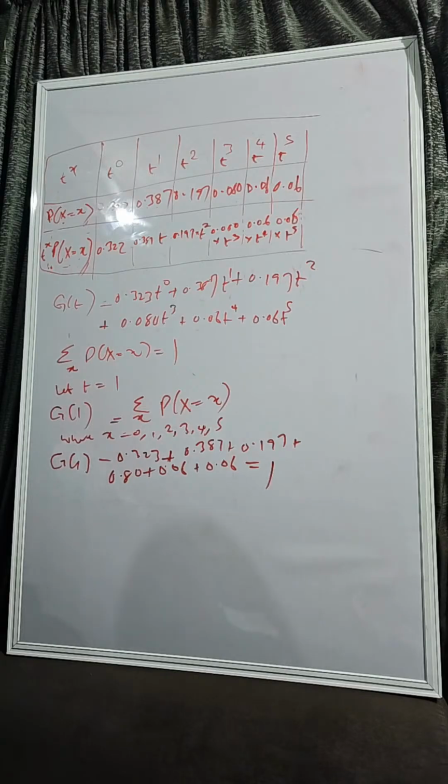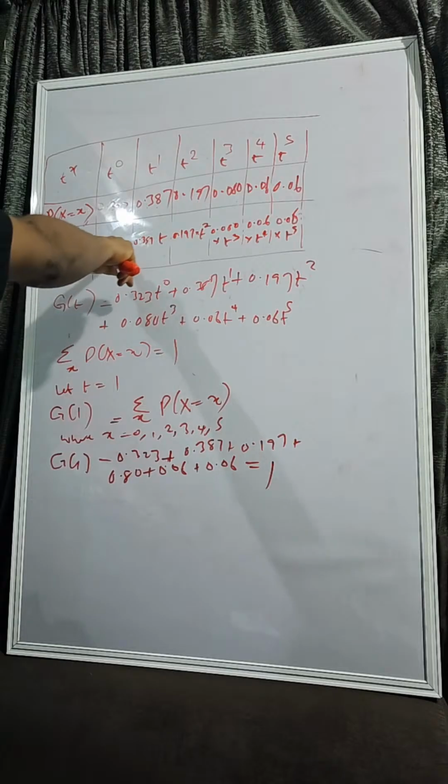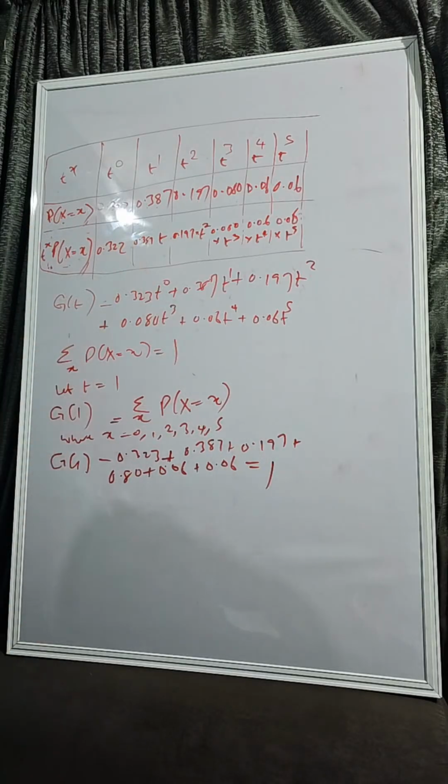So if we check the 149 that was here before, that will be 149 divided by 462, which is 0.322. Do you understand? Yeah.